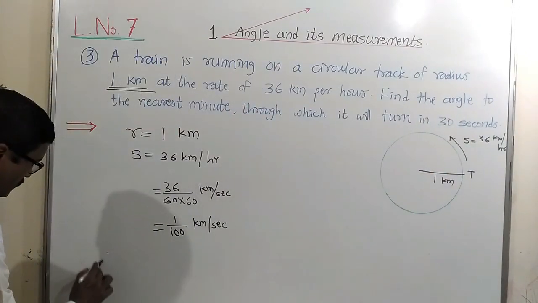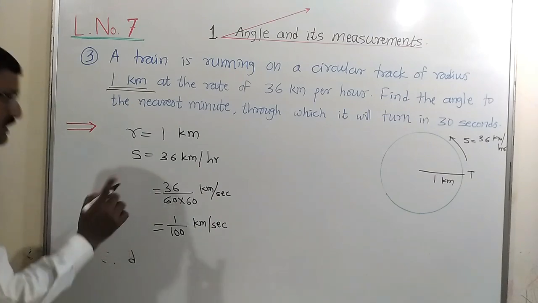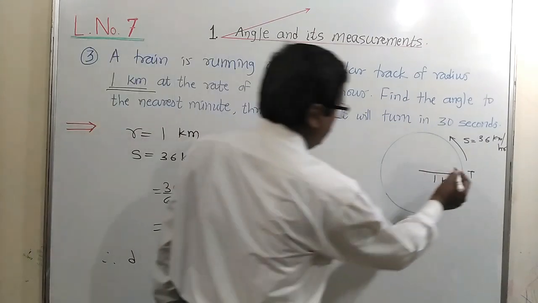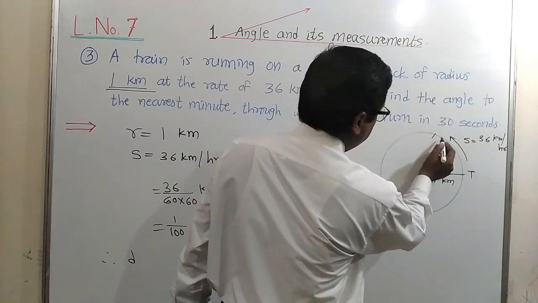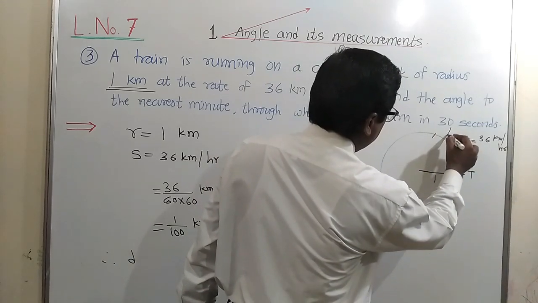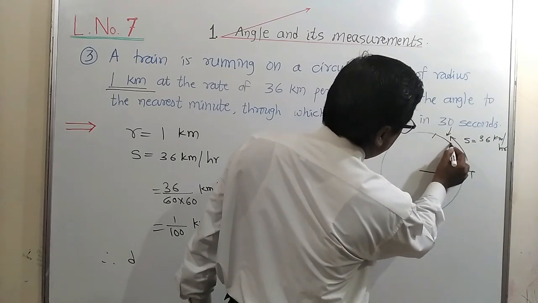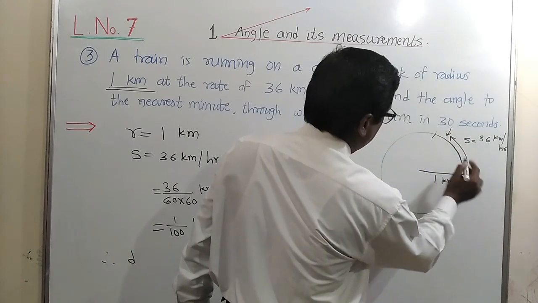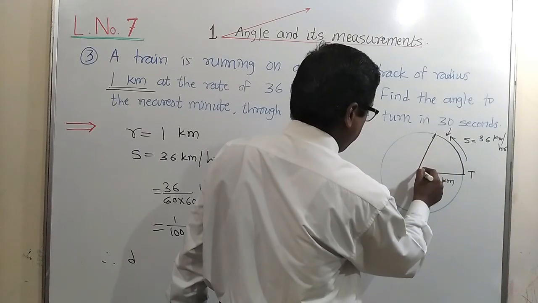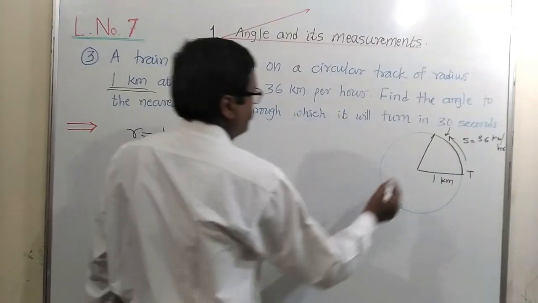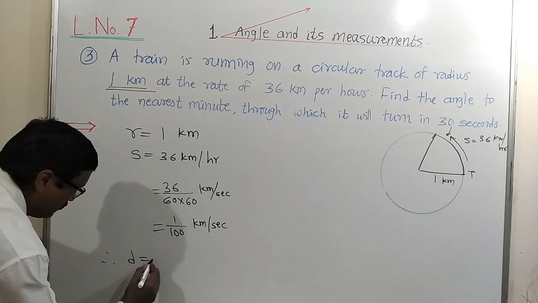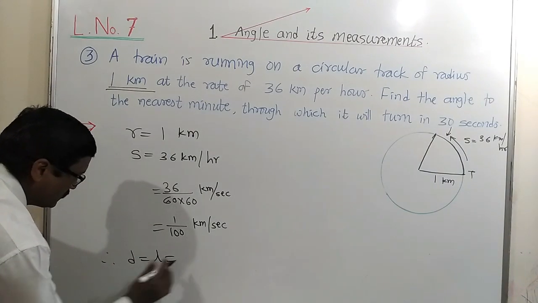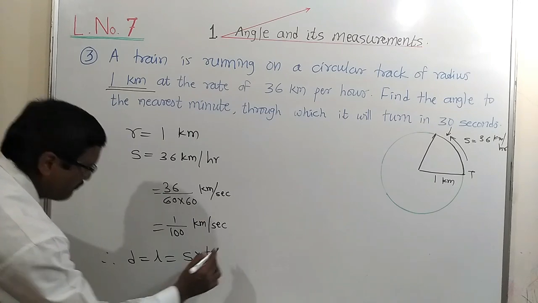Therefore, distance d, and that distance is nothing but the length of the arc. Suppose the train covered this much distance in 30 seconds, then this distance is nothing but the length of the arc. So this d is equal to L, and distance is equal to speed into time.